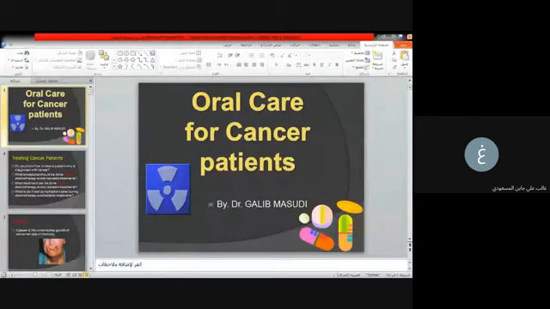No hard or medium brush. No petroleum-based product for lip care because it can promote infection. Do not use a water pick during treatment.